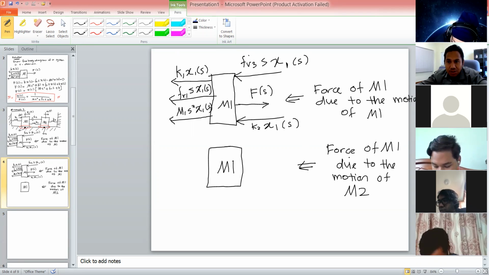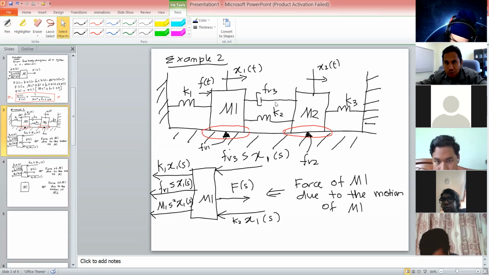Now we need to find the force of M1 due to the motion of M2.